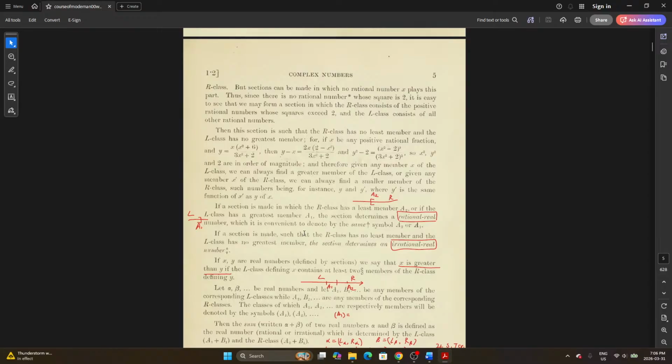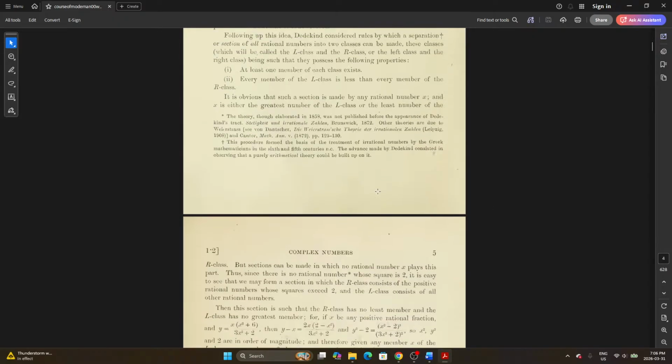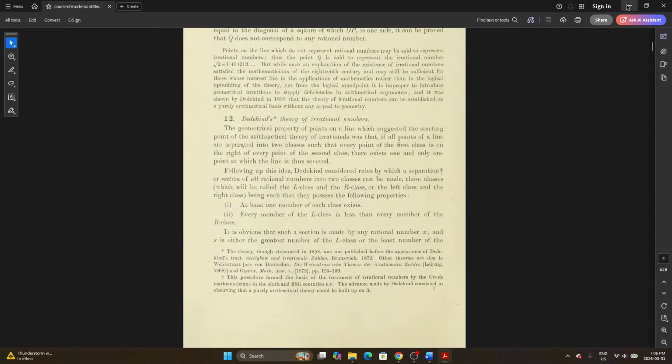So we want to set things in a form that is suitable for, or at least more familiar to, modern readers.